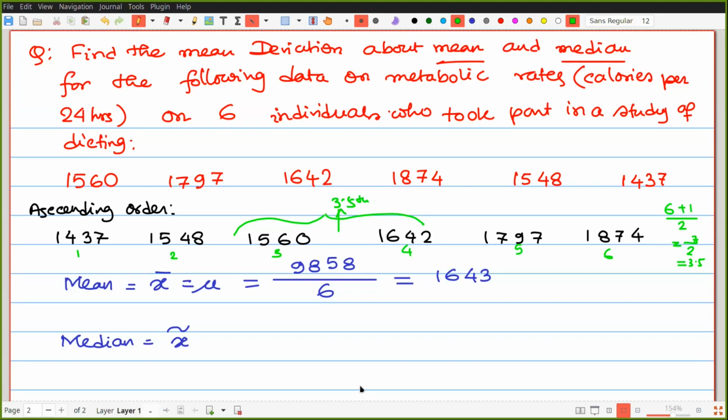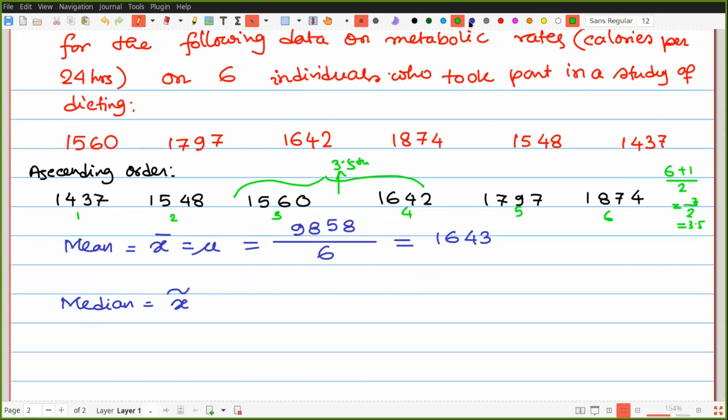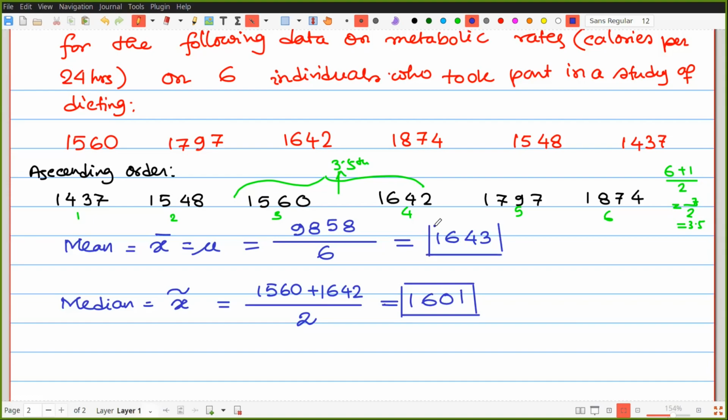So our median would be 1560 plus 1642 divided by 2, or that is 1601. So that is our median, and that is our mean.